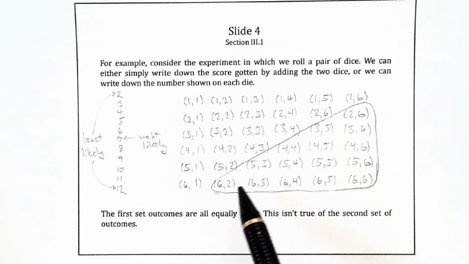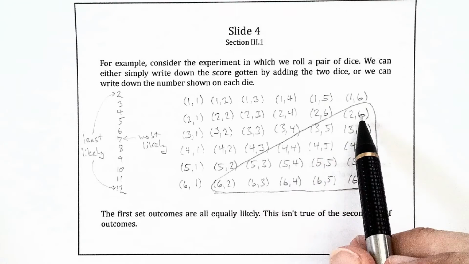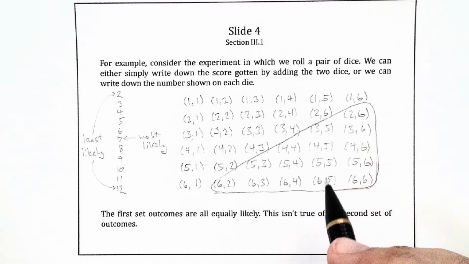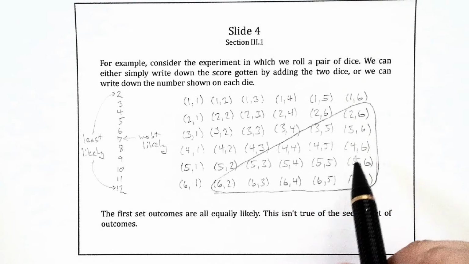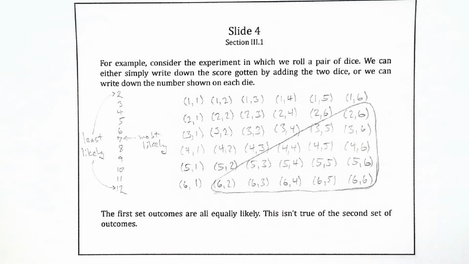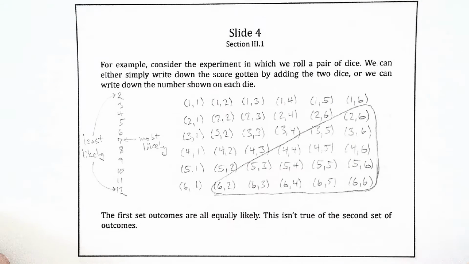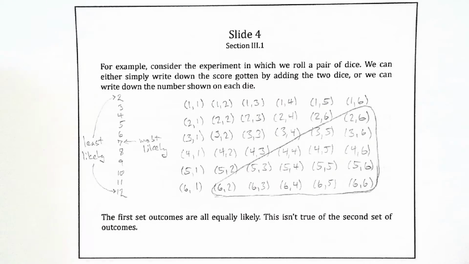Let's see, we have 1, 2, 3, 4, 5, 6, 7, 8, 9, 10, 11, 12, 13, 14, 15. So there are 15 ways of getting an 8 or higher. And there are 36 ways total.